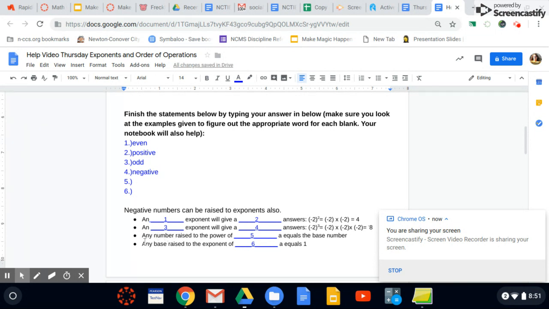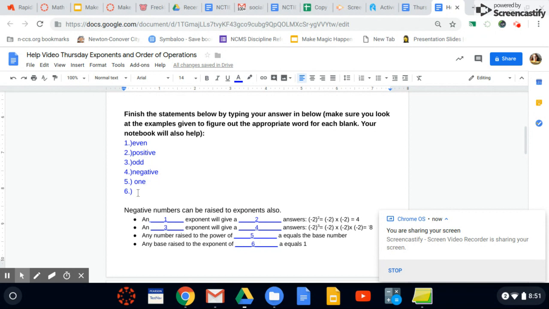The next one says any number raised to the power of blank equals the base of the number. So any number raised to the power of 1 is going to give me the base number. For example, 5 to the first power, or to the power of 1, is going to be 5, which is just the base.